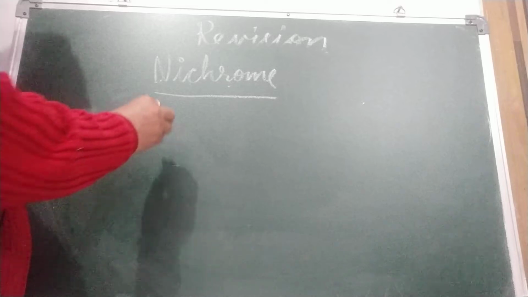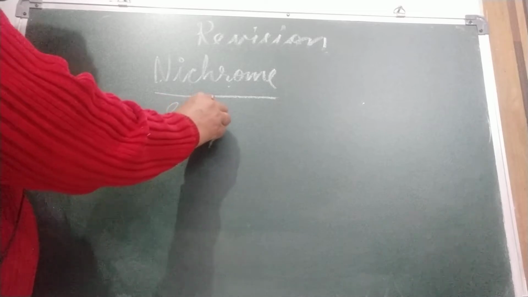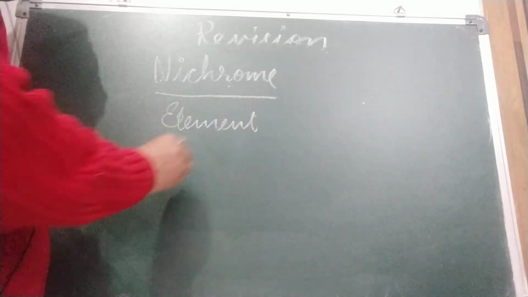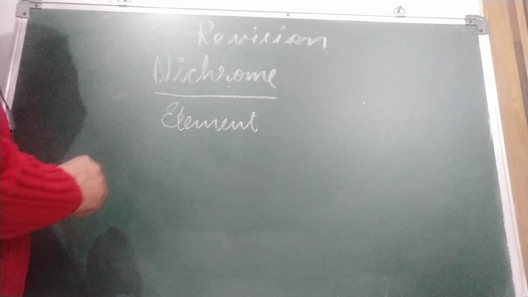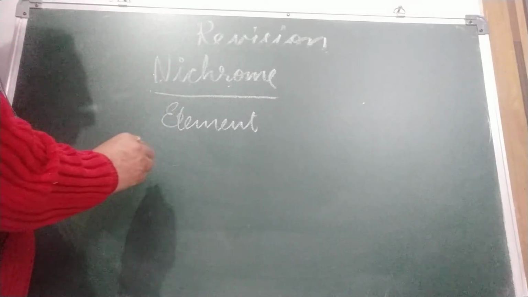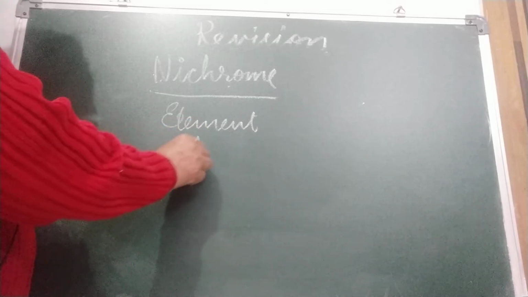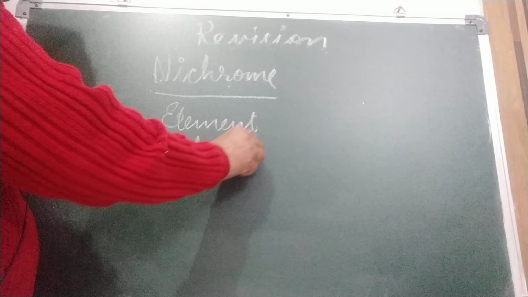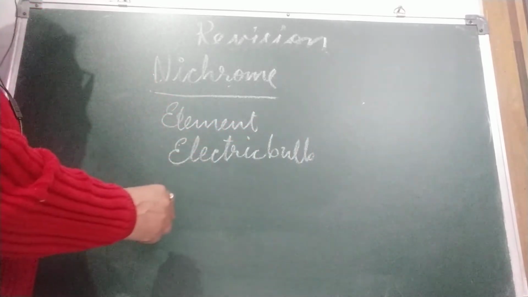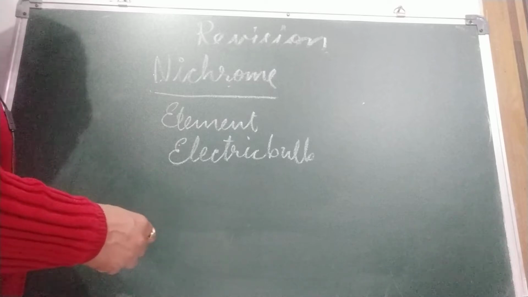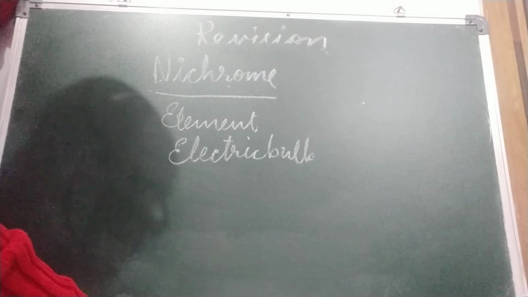And in the element of iron also we use such metals. And also in electric bulb we use tungsten, and they resist the current and they heat up.